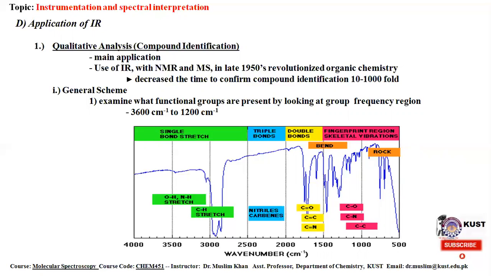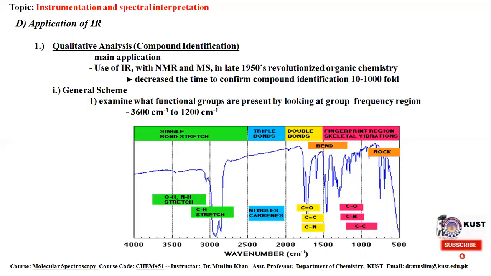So these are used. But IR in combination with NMR and MS, basically in the late 1950s, revolutionized organic chemistry, the identification chemistry. This decreased the time to confirm a compound's identification by 10 to 1,000 fold, at least I would say.